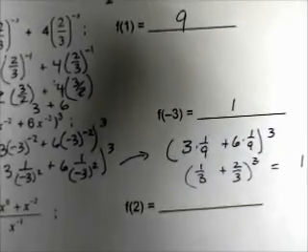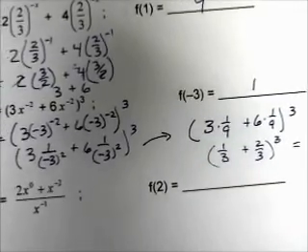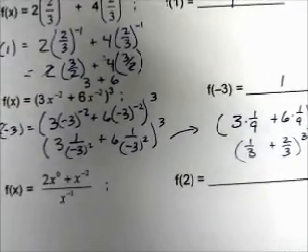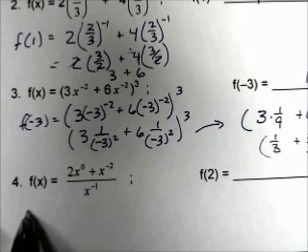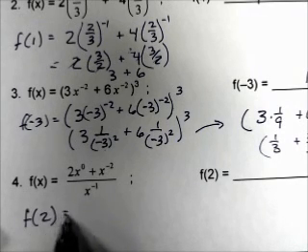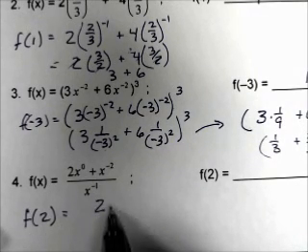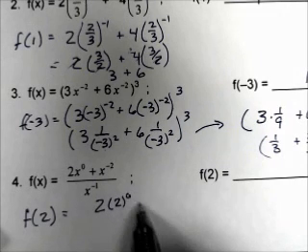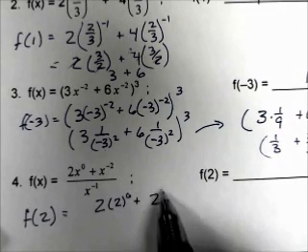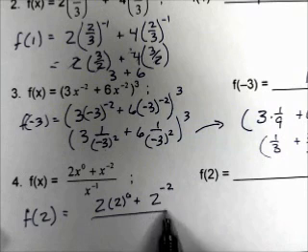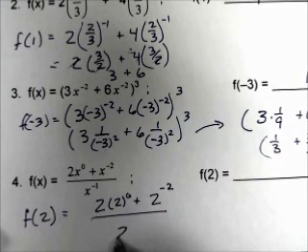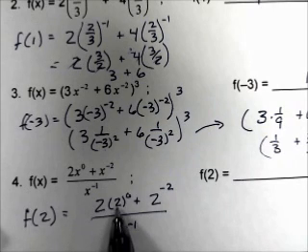And our last one. We want to evaluate f of 2. Replacing our x's with 2. So we have 2 times 2 to the 0 power plus 2 raised to the negative 2 over 2 raised to the negative 1. Okay, well 2 to 0 is 1, so that's simply 2 times 1, which is 2.